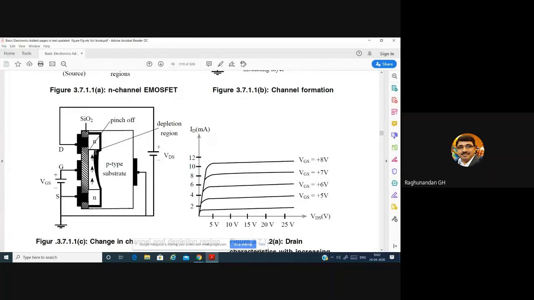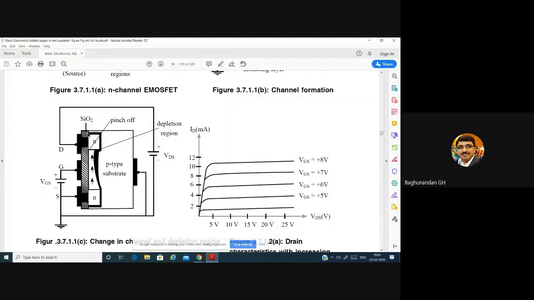See the figure. Reverse bias. Yes. See, it gets reverse biased.